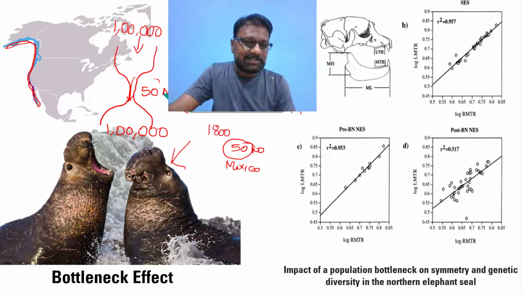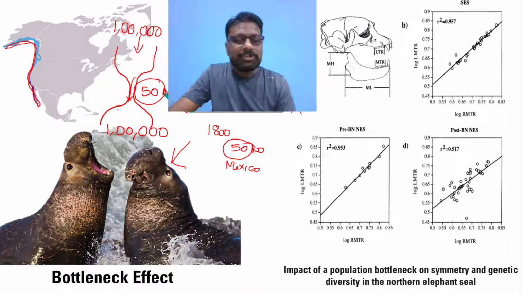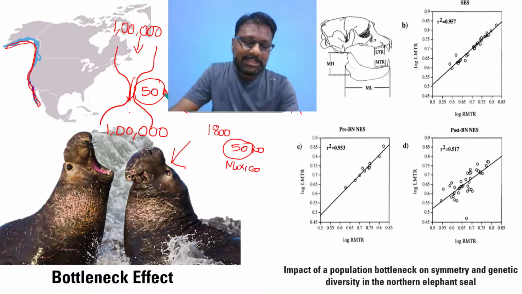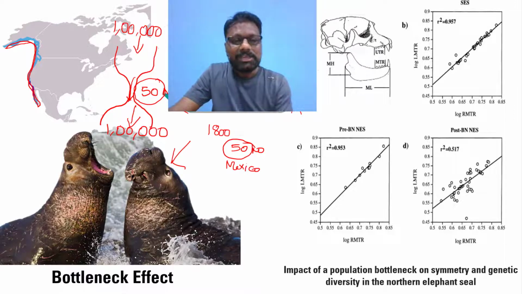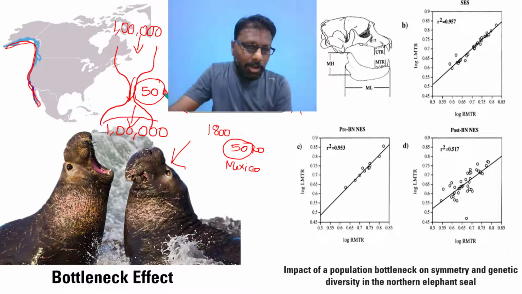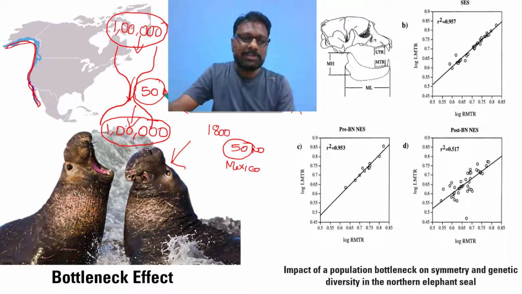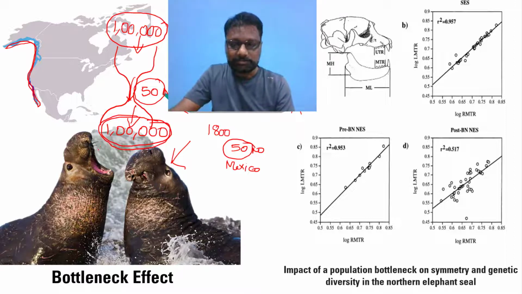This is very clearly seen in the northern elephant seal, which was on the verge of extinction in 1800. Their number decreased to 50. Again, they went through the bottleneck effect and then increased their number, but there is a big difference in the genetic diversity of the pre-bottleneck population and the allelic frequency of the post-bottleneck population.